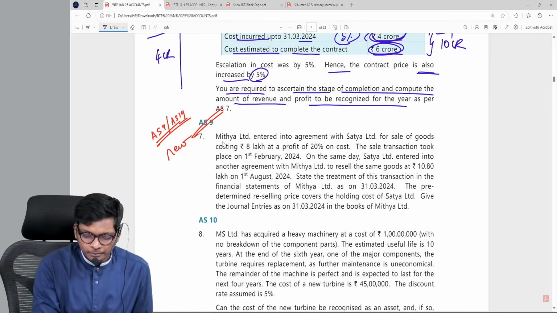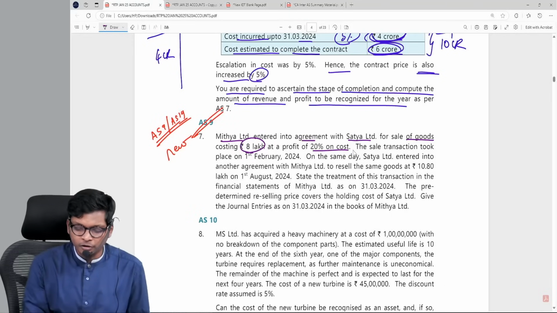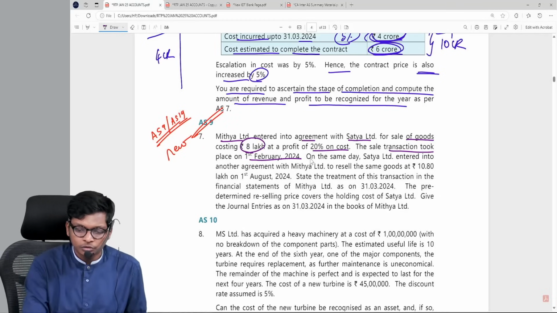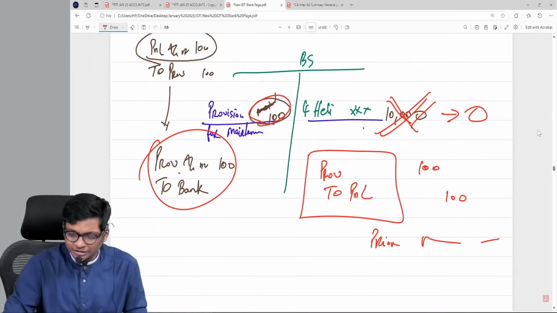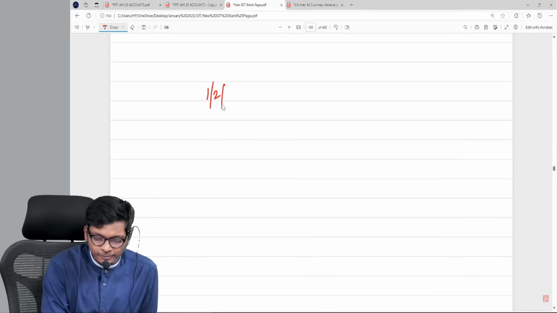Follow. Mithya entered into an agreement with Satya for sale of goods costing 8 lakhs at a profit of 20%. The sale took place on 1st Feb 2024. Let me summarize. I'm only doing new sums in detail, guys.